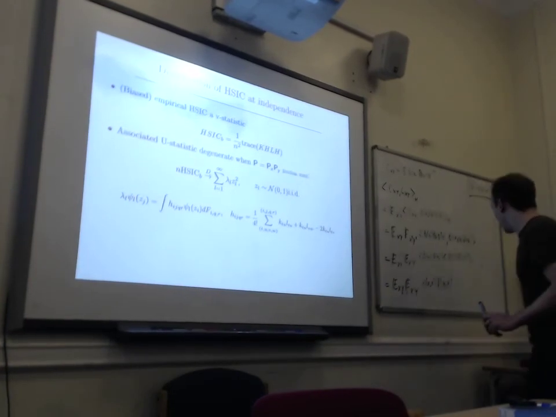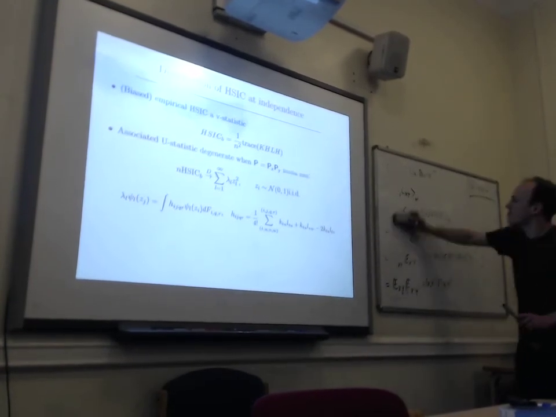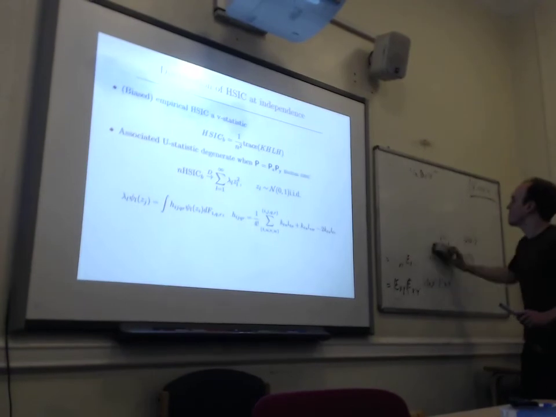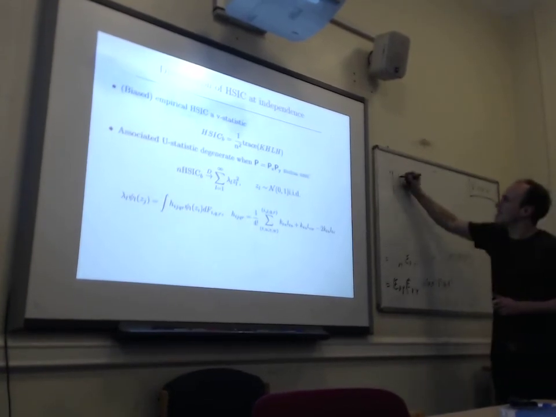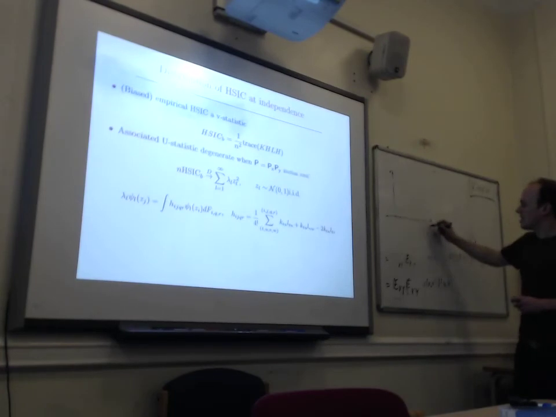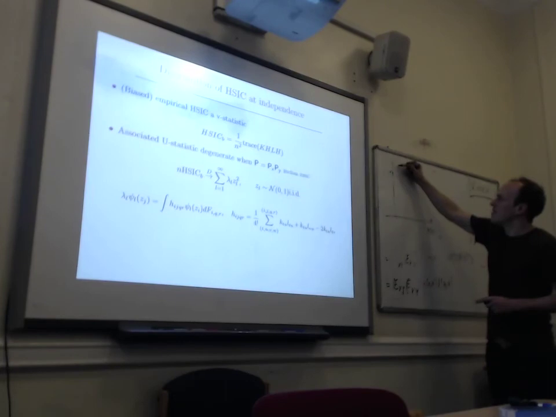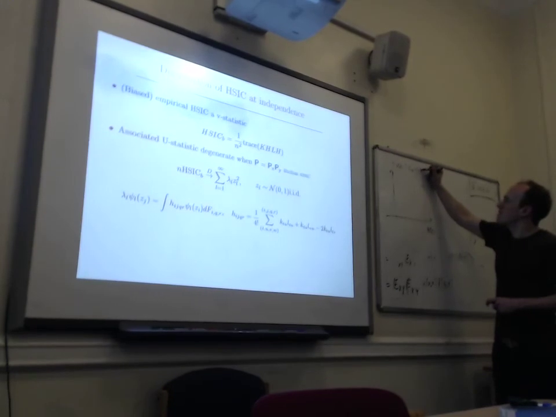So remember what I wanted to do, just as in the maximum mean discrepancy. Let's say this is my statistic, and this is my probability of seeing this statistic, given that pxy equals pxpy.